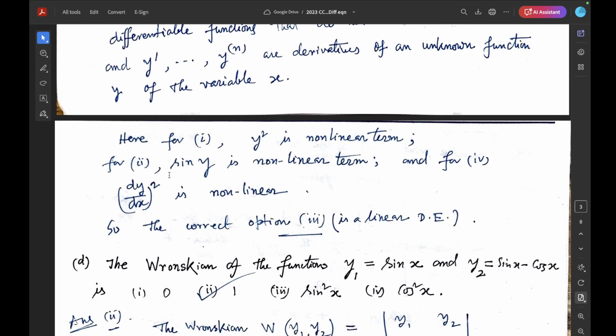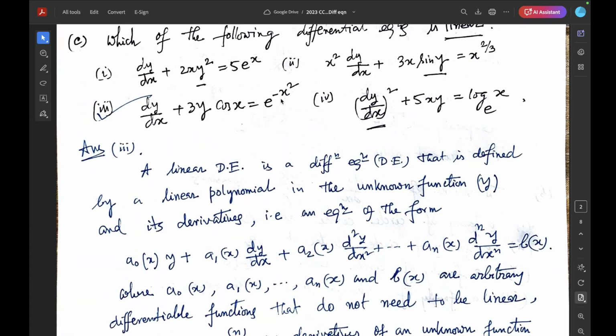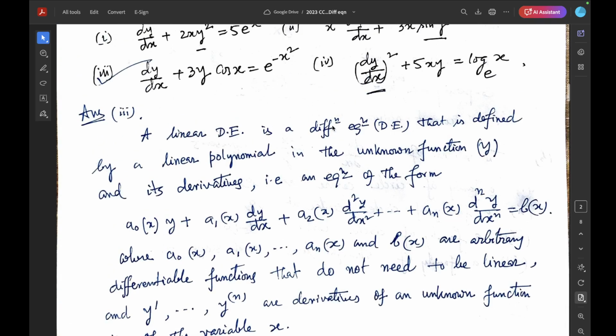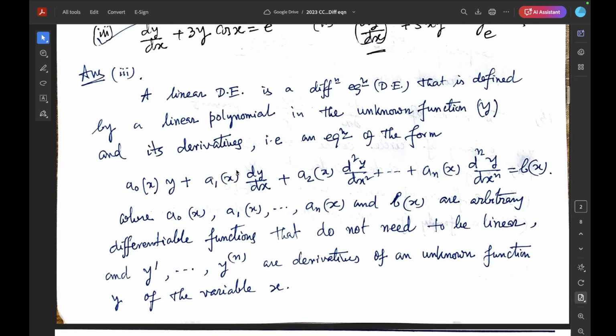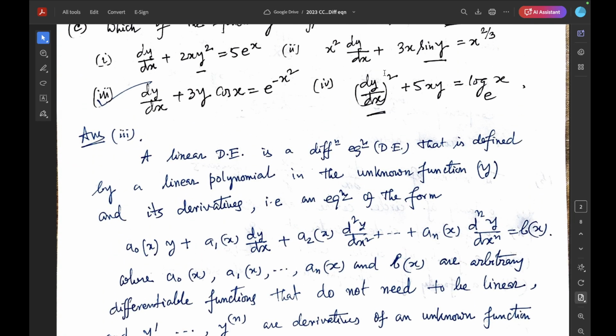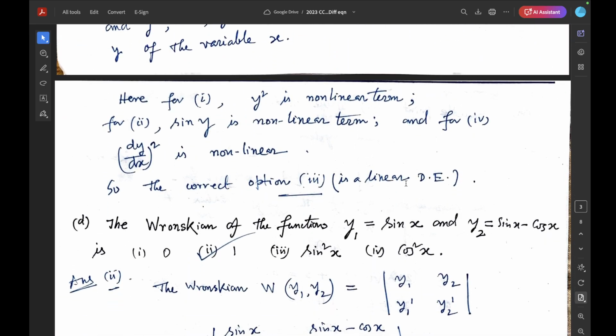In option 1, y² is a non-linear term; in 2, sin y is a non-linear term; and in 4, (dy/dx)² is also a non-linear term. So the correct option is 3, the linear differential equation.